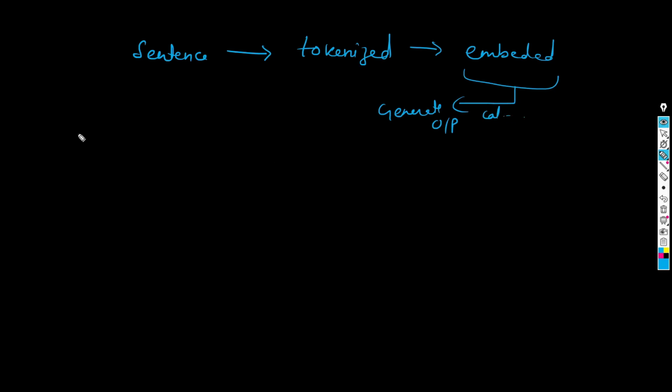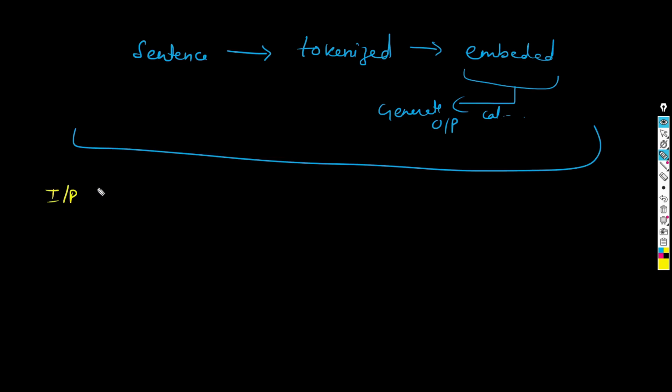Now, if I have to talk about a bit more technical workflow, it looks like this: you put in an input text. This input text goes to something called the tokenizer. Now, this tokenizer converts them into token IDs. Once a token gets an ID, they go to an embedding layer.